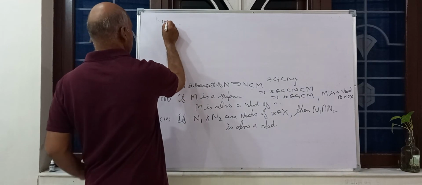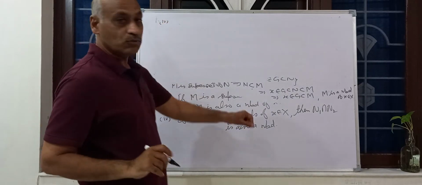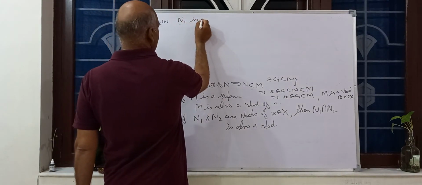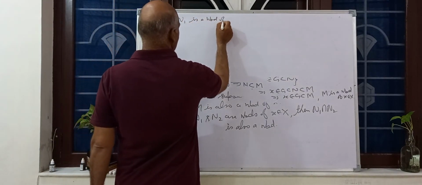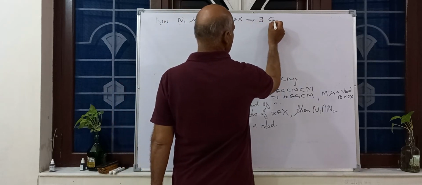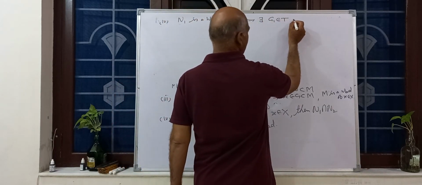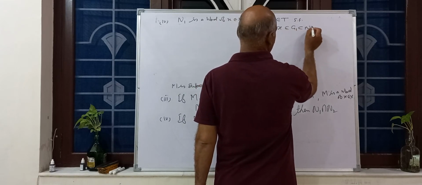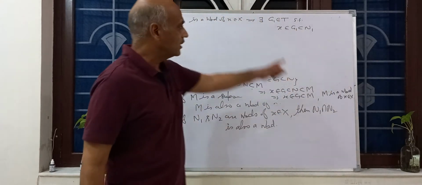Four. N1 and N2 are neighborhoods of x. Means N1 is a neighborhood of x belongs to X. It means there exists G1 belongs to T such that x belongs to G1 subset of N1. This is the definition.